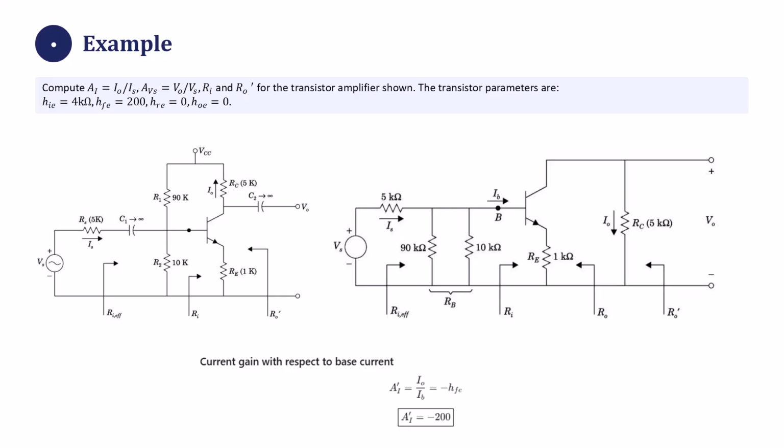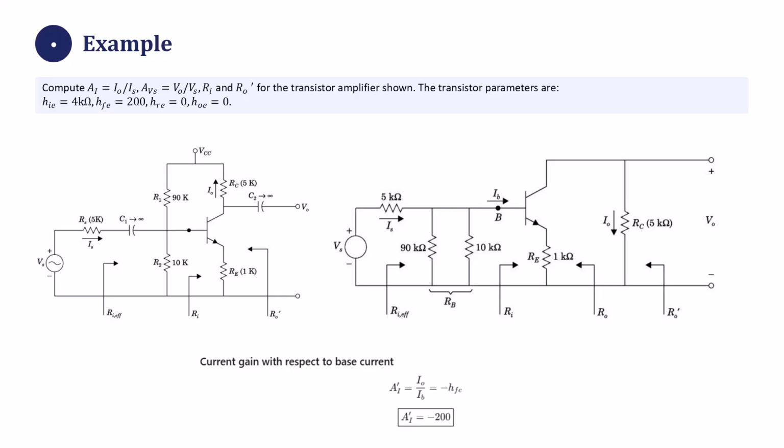Here are our transistor parameters. HIE equals 4 kilo ohms, HFE equals 200, and both HRE and HOE are taken as 0. The circuit itself has a 5 kilo ohm source resistance RS, bias resistors R1 at 90 kilo ohms and R2 at 10 kilo ohms, a collector resistor RC of 5 kilo ohms, and an emitter resistor RE of 1 kilo ohm.